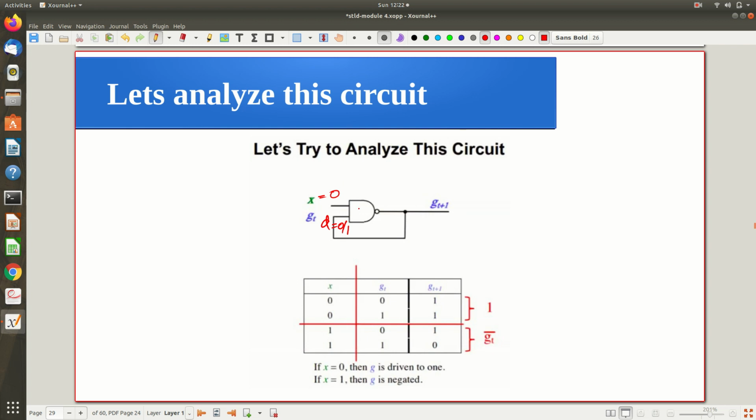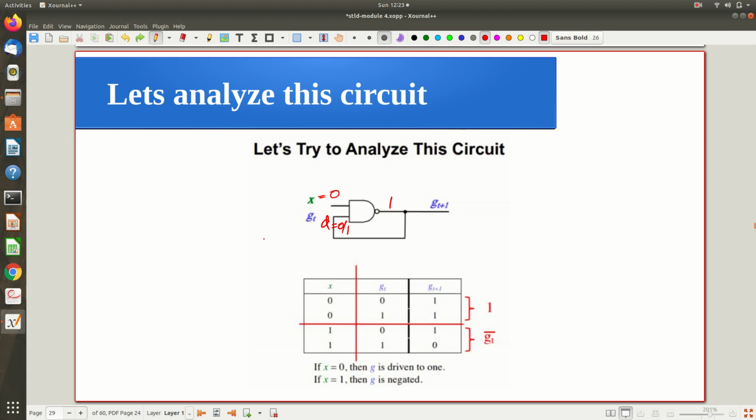So the AND operation is going to give you 0 for sure, and its negation will give you 1. So the circuit always gives you 1 as the output irrespective of the other input. Let the other input ft be 0 or 1, the output will be 1, provided the control input is 0. This is again a very important observation.